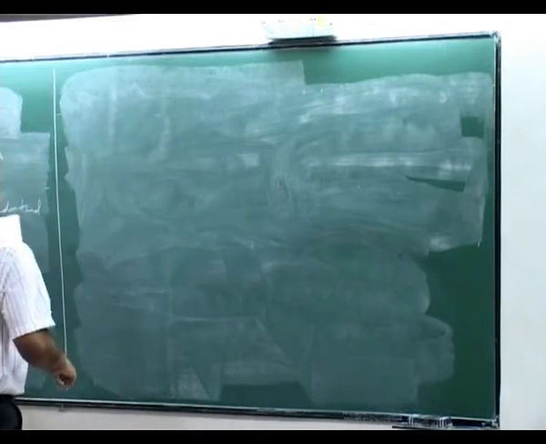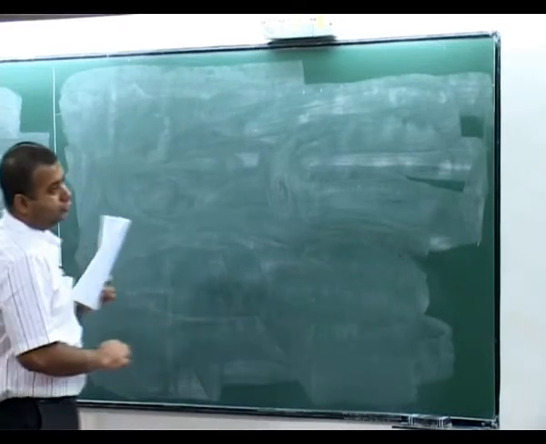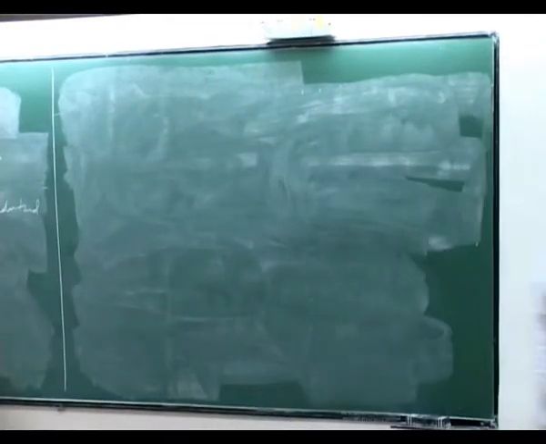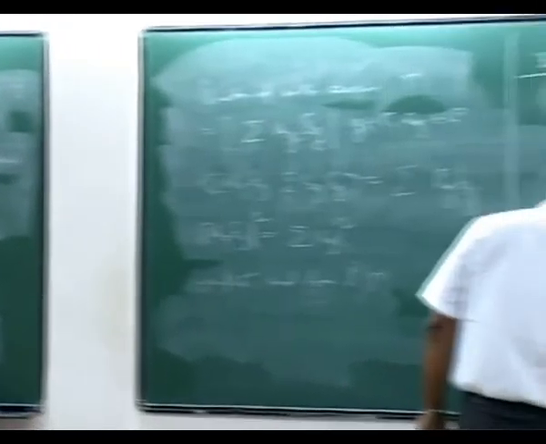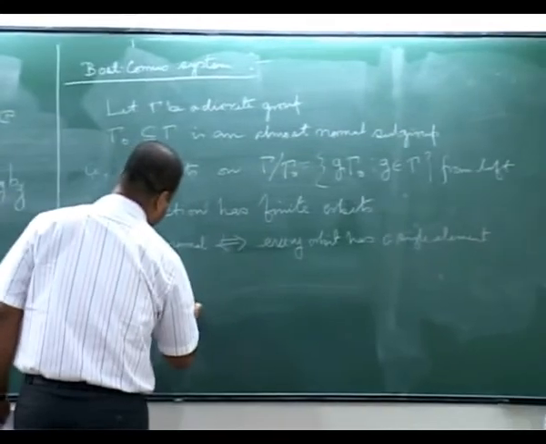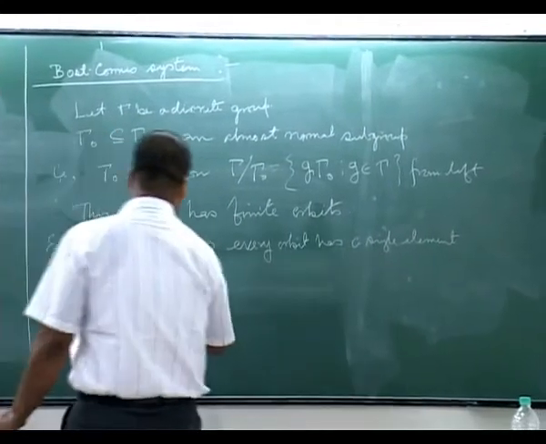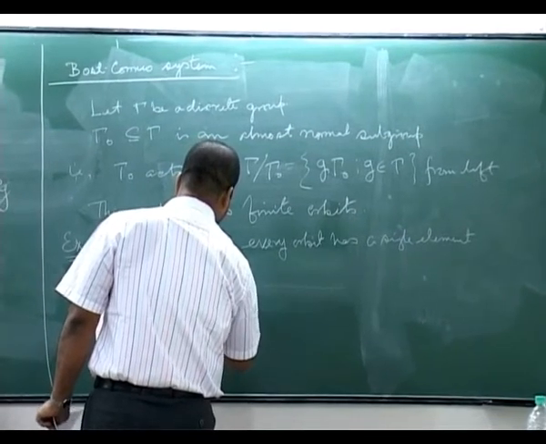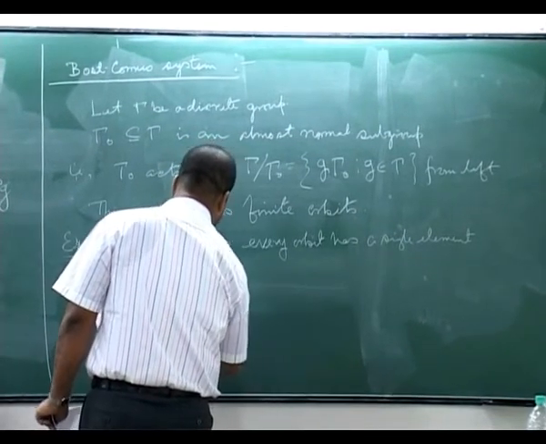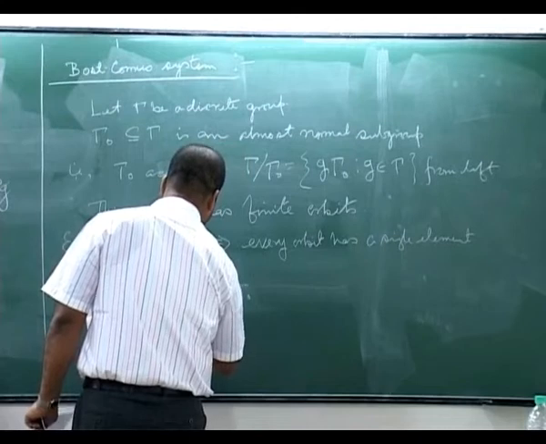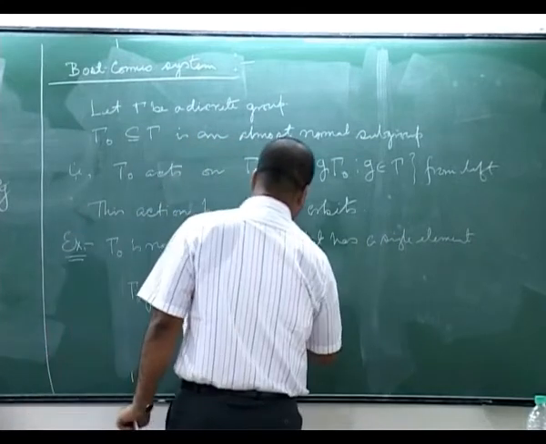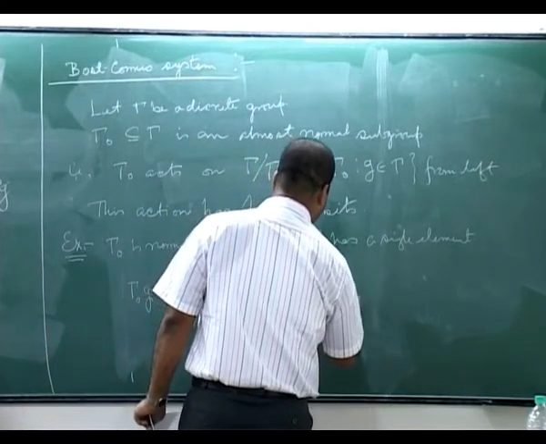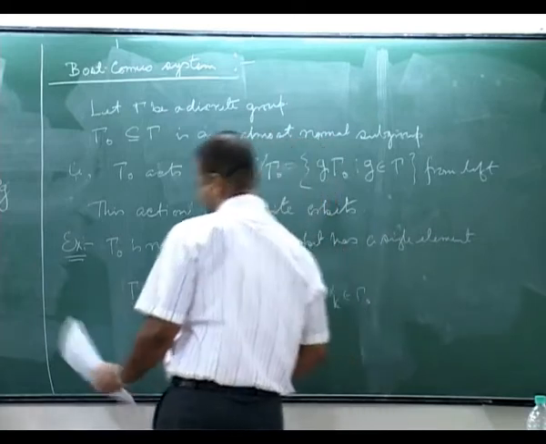So that means if I look at a double coset, which is a set like this, it is a finite union of cosets, for some gamma 1, gamma 2, up to gamma k from gamma naught.